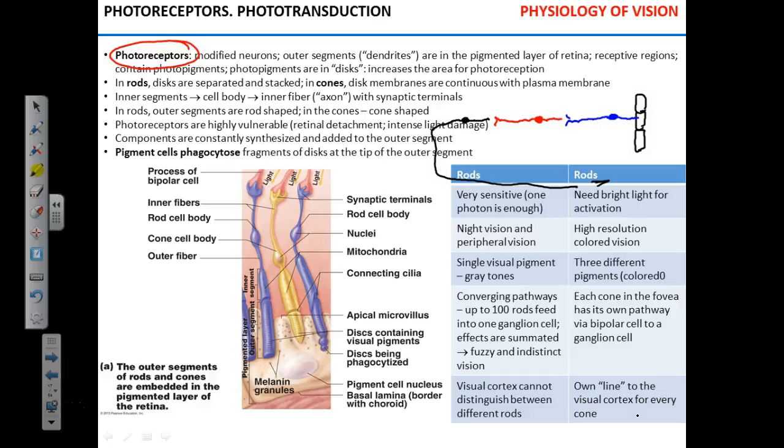So using this little picture, and using left and right, tell me, where does the light come from, left or right? Right. So you think that light comes from here. Here's the choroid, okay?